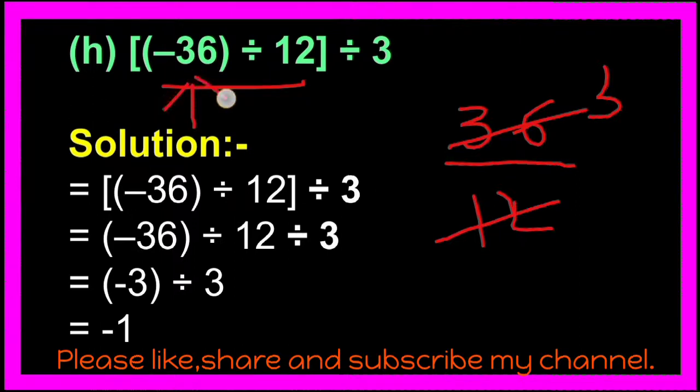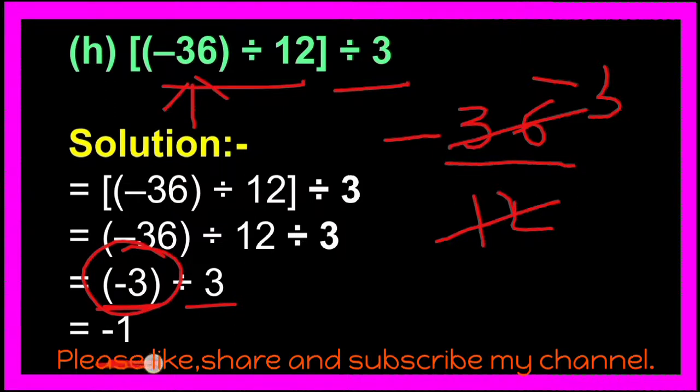But one of the integers is negative, so the answer is negative. So by solving these brackets, we have the answer minus 3. Then after we write the division sign and 3 as it is, and 3 divided by 3 is equal to 1. But here in this division we have one integer negative. So the answer is minus 1.